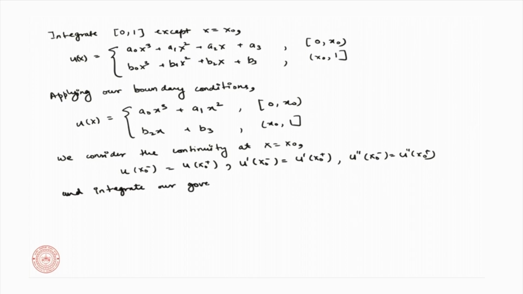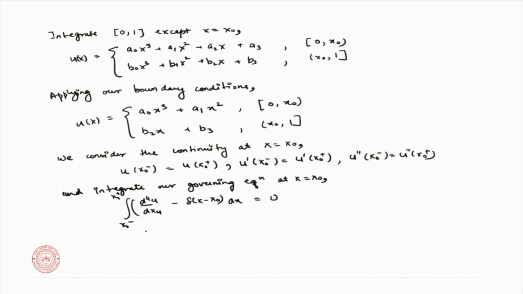our governing equation at x equals x naught, we will get the integration of d4u by dx4 minus delta of x minus x naught from x naught minus to x naught plus at this x naught dx. This is equal to the integration of 0, that is 0.